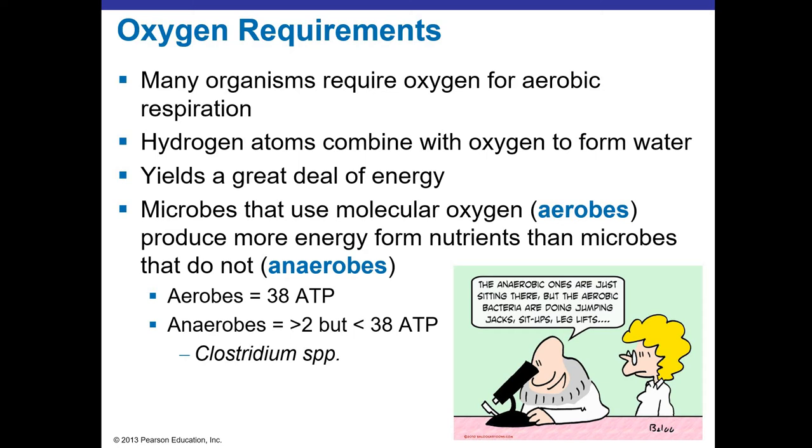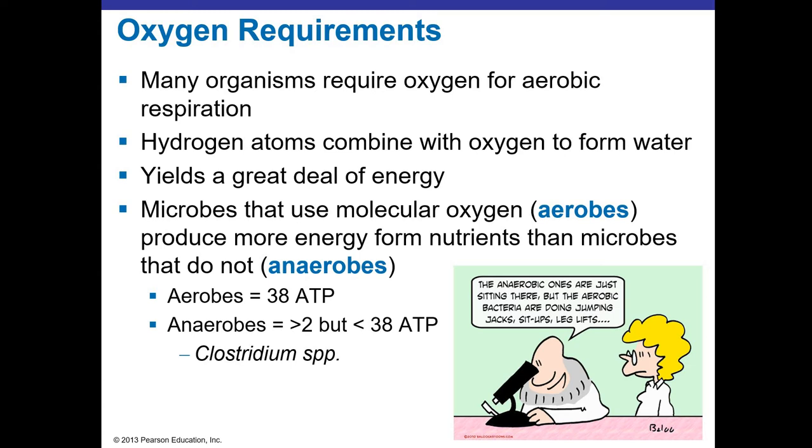Thus for anaerobes, they can only make between 2 and 38 ATP. We don't have a lot of examples of anaerobes that we're going to be talking about this term, but one classic example is Clostridium. Clostridium tetani, the causative agent of tetanus, Clostridium botulinum, the causative agent of botulism. Those are going to be our go-to anaerobes.